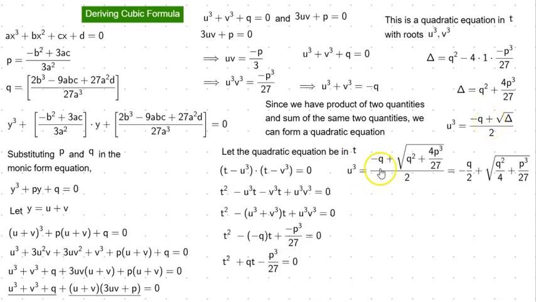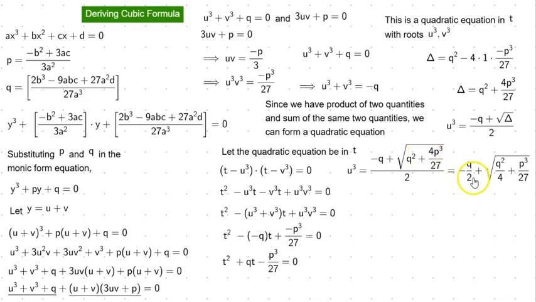So u cube is equal to minus q plus square root of q square plus 4p cube by 27, divided by 2, which is equal to minus q by 2 plus, now taking the 2 in the denominator into the square root, square root of q square by 4 plus 4p cube by 27 times 4.